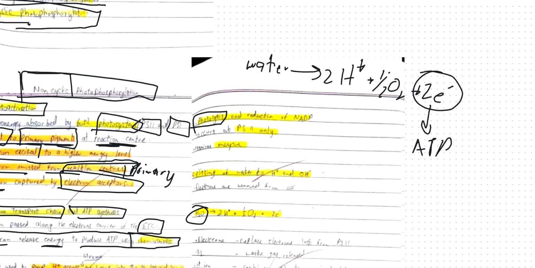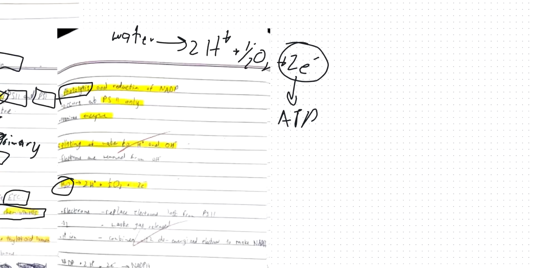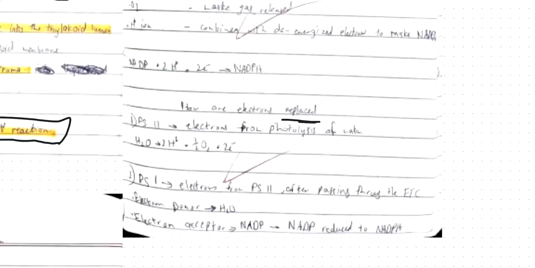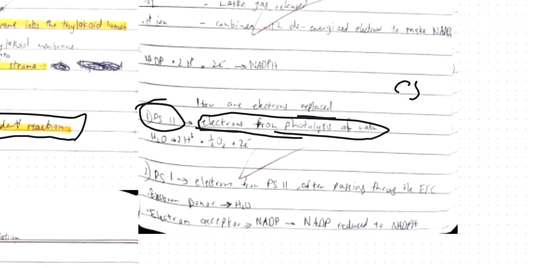And electrons are replaced by these water molecules. There are two ways of electrons getting replaced. The first one, let me zoom in, is through photosystem 2: electrons from photolysis of water. Remember, water splitting, when water becomes electrons, happens in non-cyclic photophosphorylation.